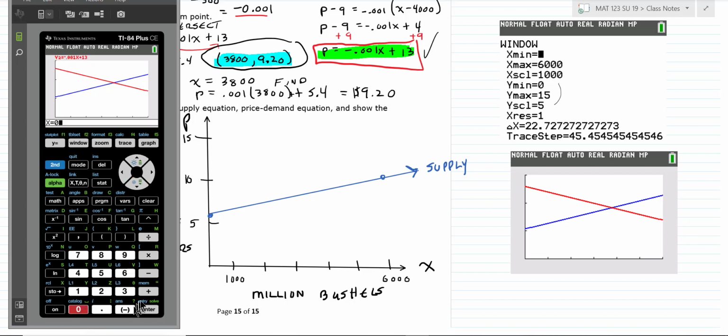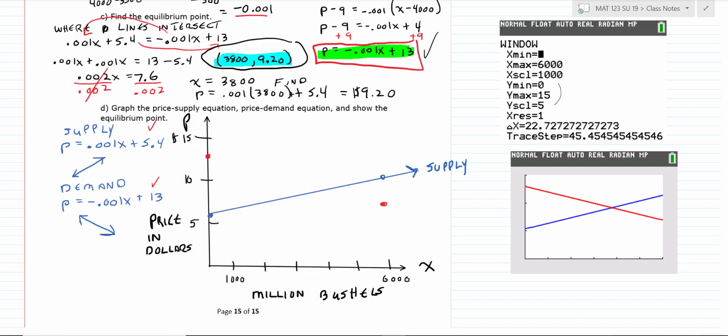So I'm going to type 0, which will be the y-intercept of 13. See, we knew that anyway. So that's about 13. Now trace at 6,000. Okay, and that'll give me 7. Okay, so you're kind of down. Again, just ballpark it like that and get that point put together, and then we'll draw that.